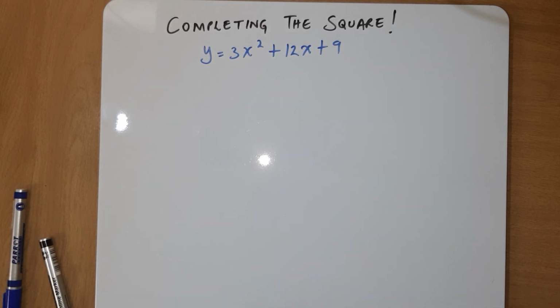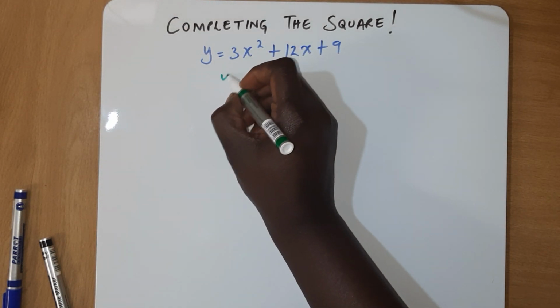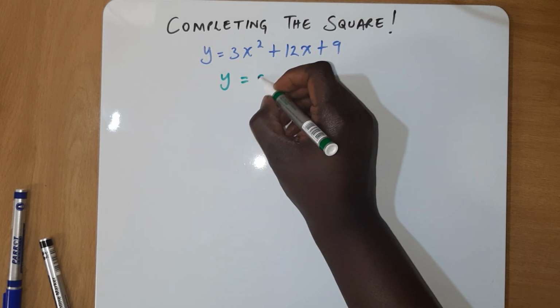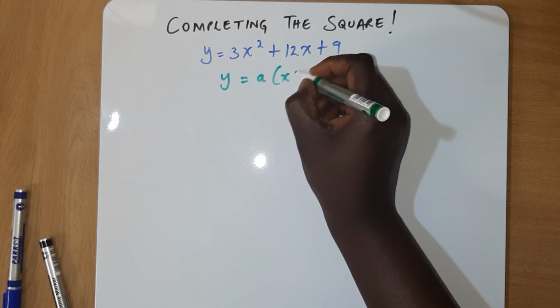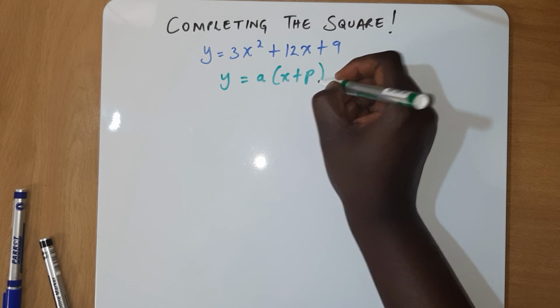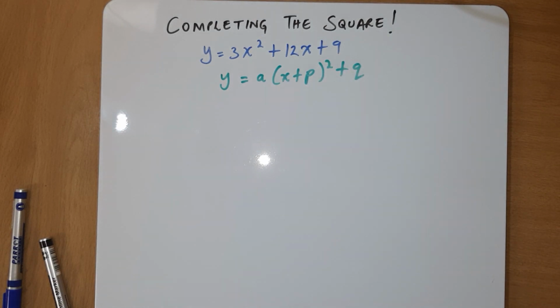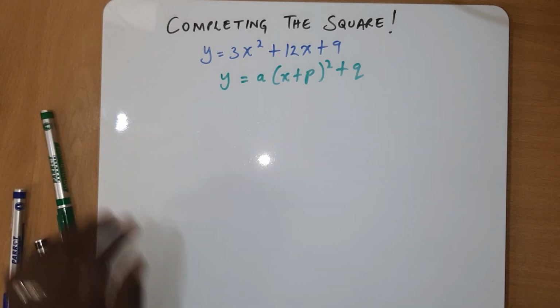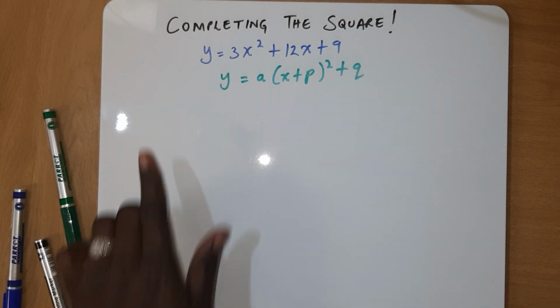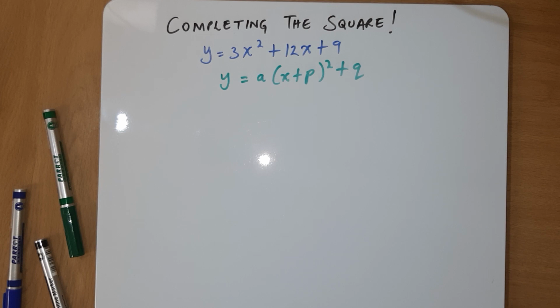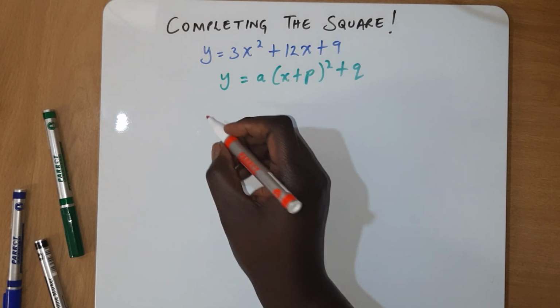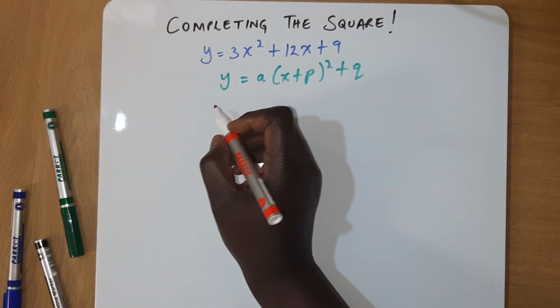We have to write the quadratic equation into this form: y is equal to a times x plus p squared plus q. Okay? So if it has to be written in this form, we start by bringing down this equation here.